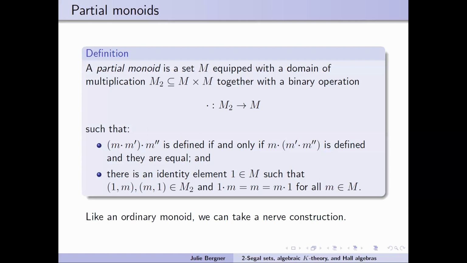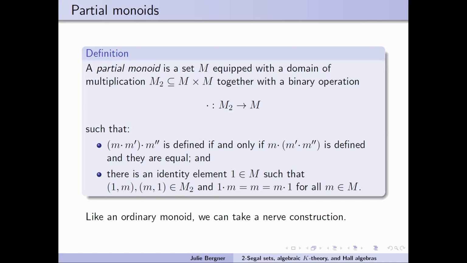You're thinking of a set with a binary operation, but the binary operation doesn't work for all pairs. So you take a subset M2 of the product of M with itself. These are the allowable pairs, the things that you can multiply. And we put some conditions on this.